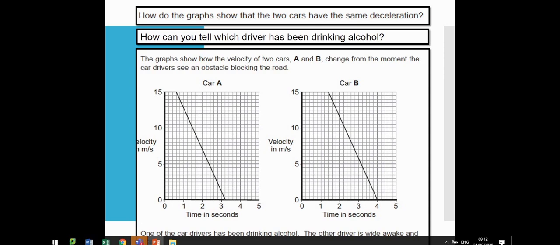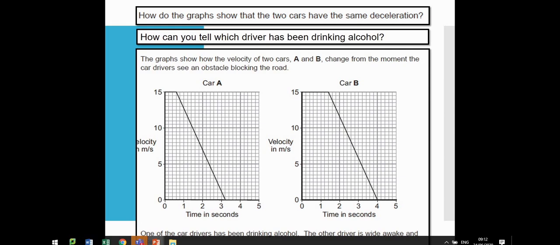We can see that because it goes between 0.6 and 3.2 seconds, so that is 2.6 seconds. And then it goes between 1.4 and 4 seconds. So again, 2.6 seconds. It takes the same time for them to stop from the same initial velocity.